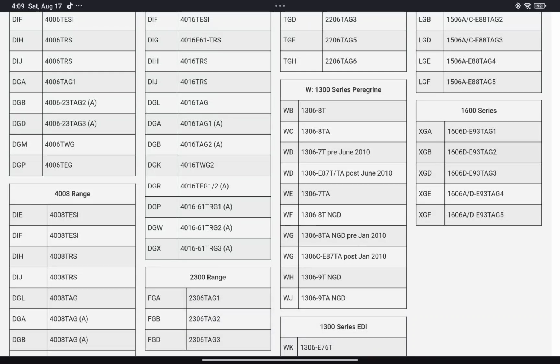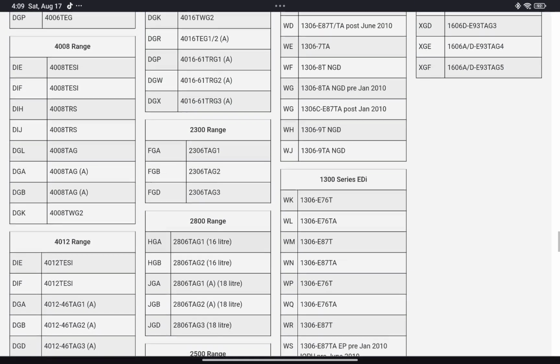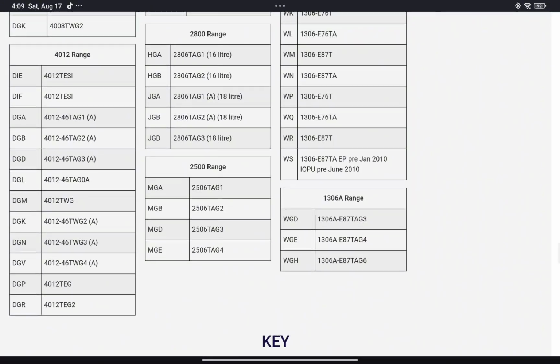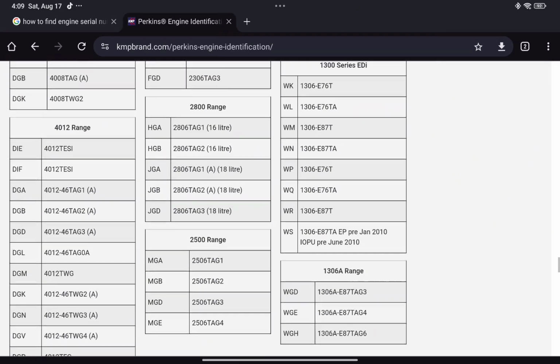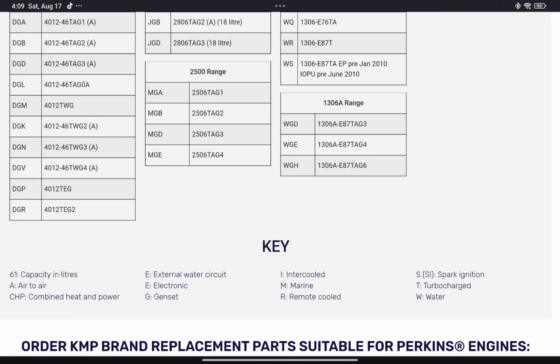Just check those engine series so you can identify the range and horsepower of your engine, and what type of engine you should buy if you know those ranges of the engine that you're going to purchase.